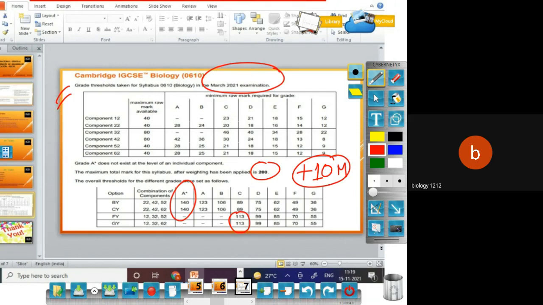So if you're writing an examination in 2022, whether it is March or October, November, see that you have more than plus 10. So that's what we have for the gradings here. And please keep in mind your grade threshold.